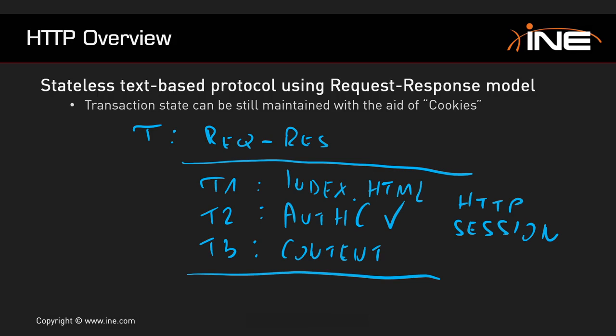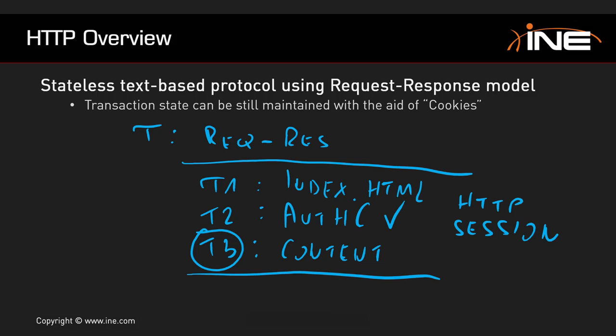So the server says, yes, you are authenticated, but it forgets about the request. And when a client tries to download the content of the website, the server is going to prompt the client for authentication once again. So this is what happens normally without additional mechanisms added on top of HTTP to exchange the state information.